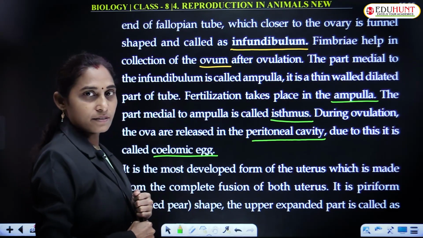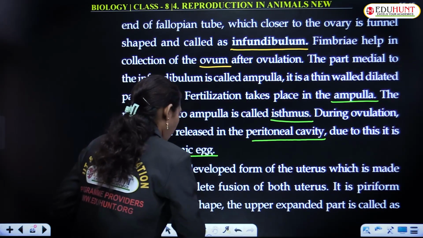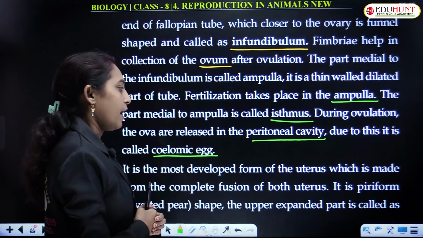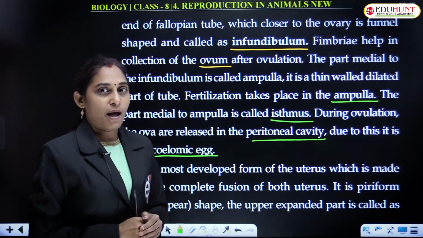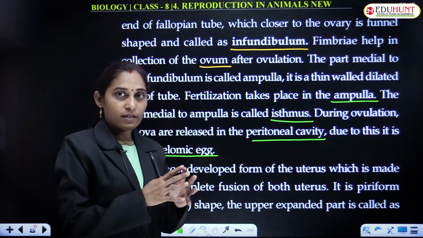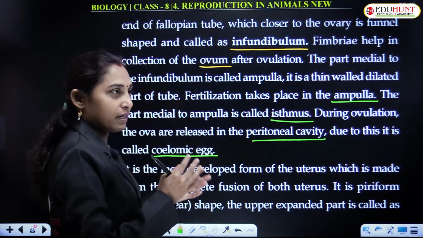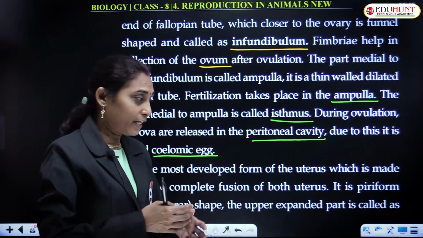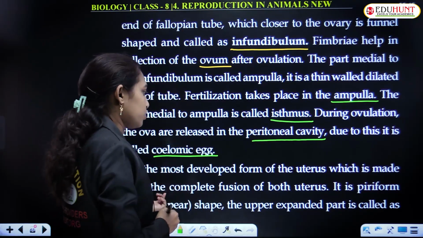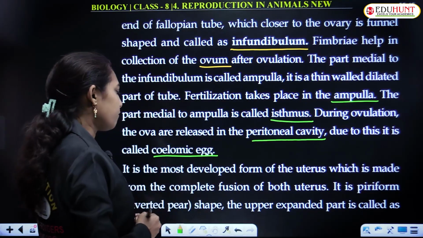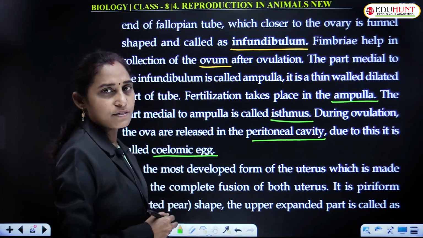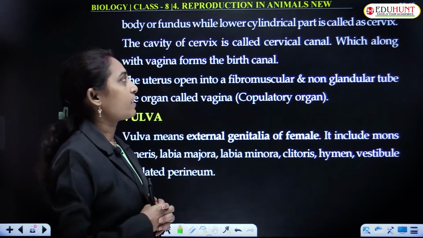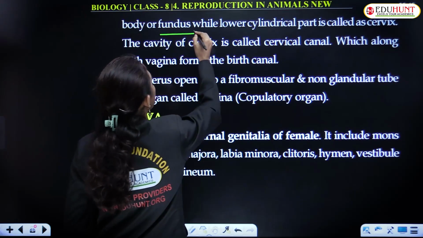The uterus is the most developed form, made up of complete fusion of both the fallopian tubes, and it is pyriform, like an inverted pear-shaped structure. The upper extended part of the uterus is known as the fundus.